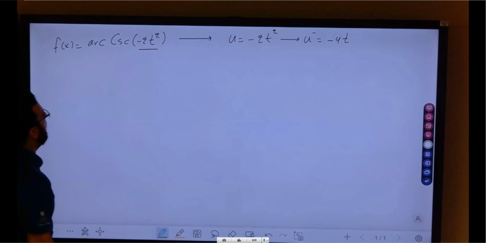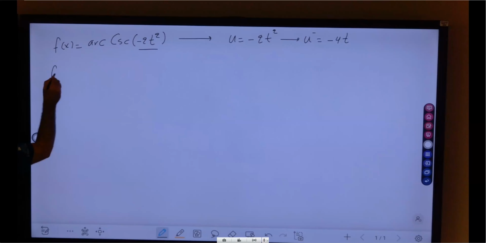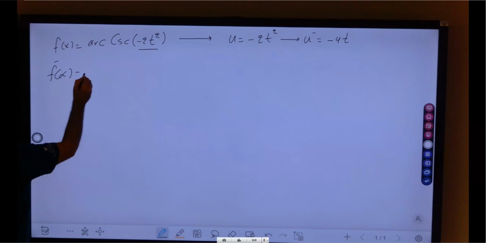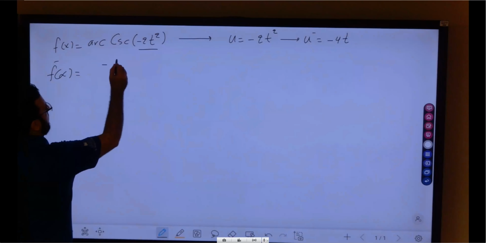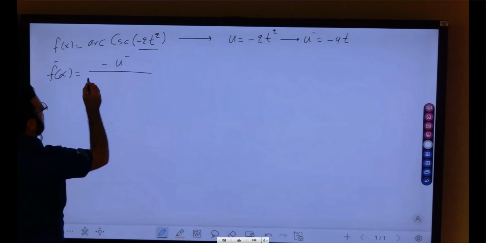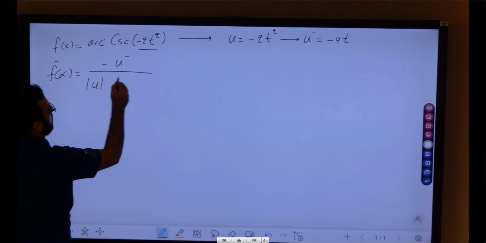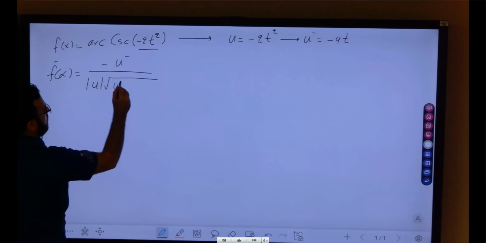Now, what about the derivative of arc cosecant? Arc cosecant equals negative u prime over the absolute value of u, square root of u squared minus 1.